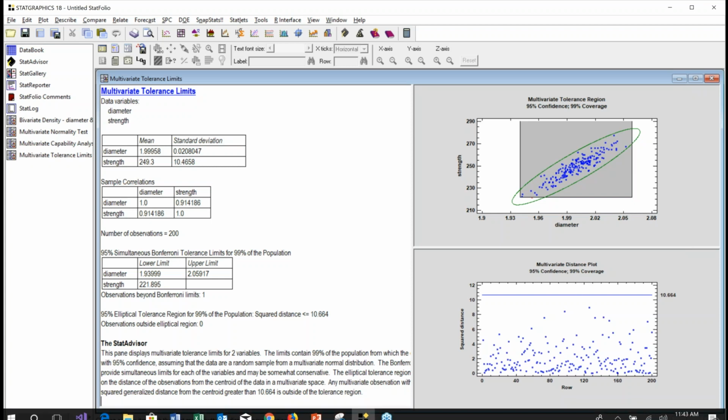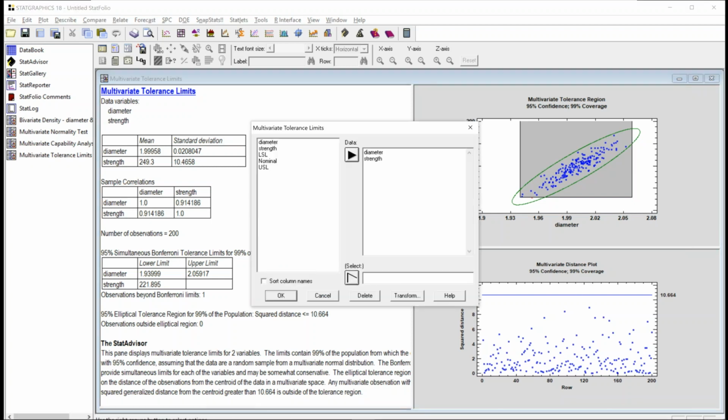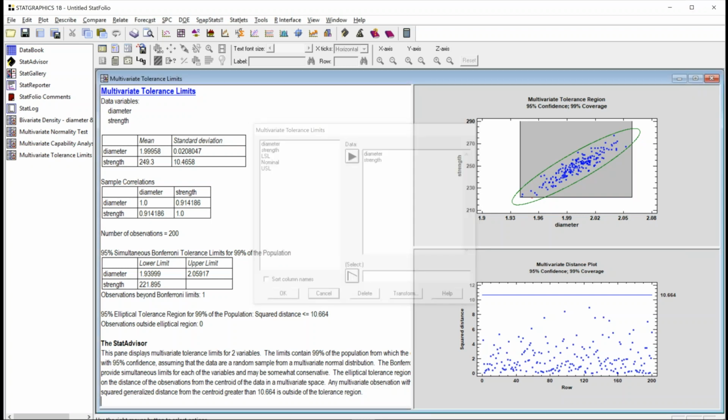Just to review what I did, I had entered into the data input box diameter and strength. I had indicated that diameter had two specification limits and strength had only a lower bound.